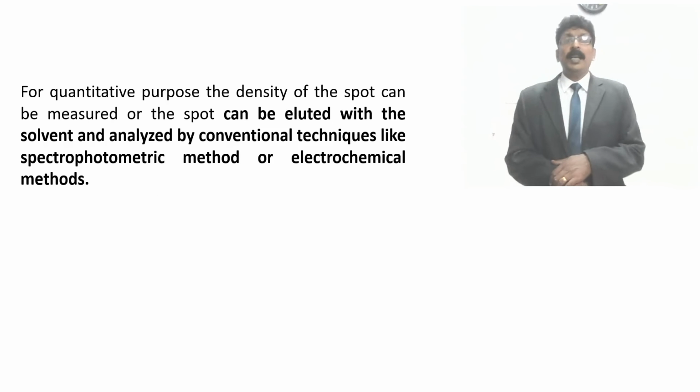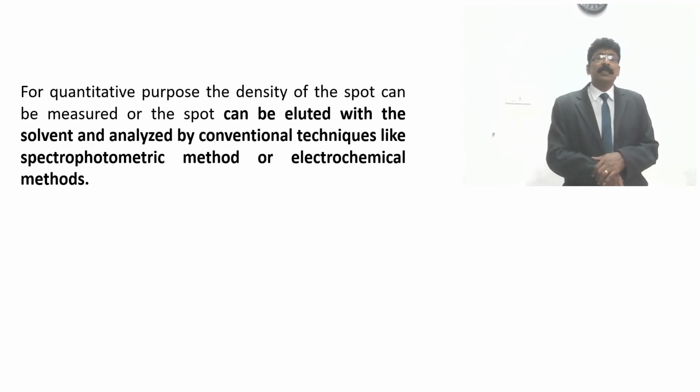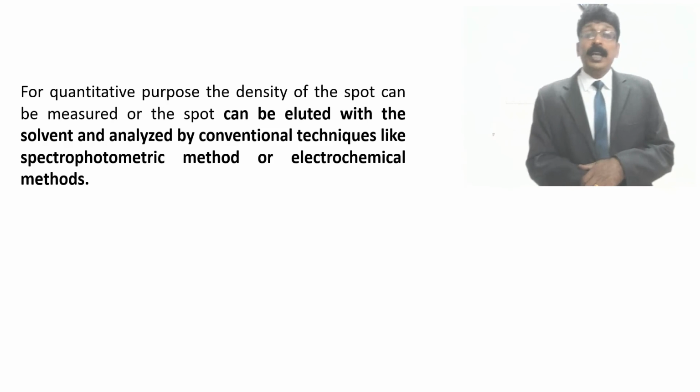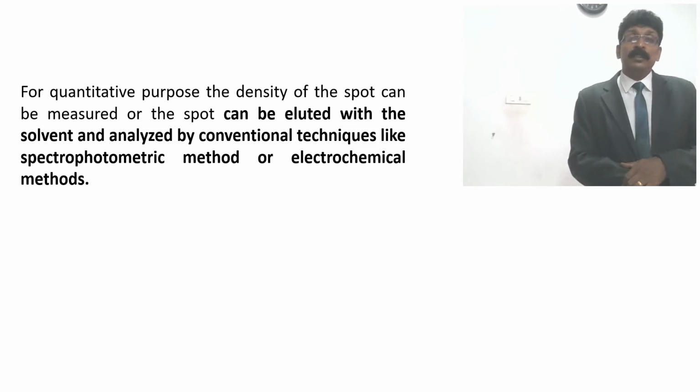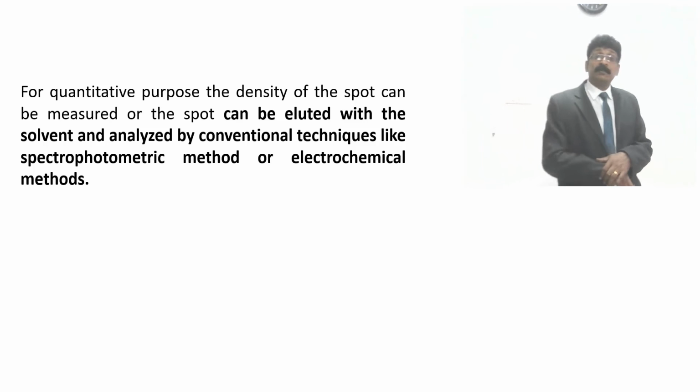For quantitative purposes, the density of the spot can be measured, or the spot can be eluted with a solvent and analyzed by conventional techniques like spectrophotometric and electrochemical methods.